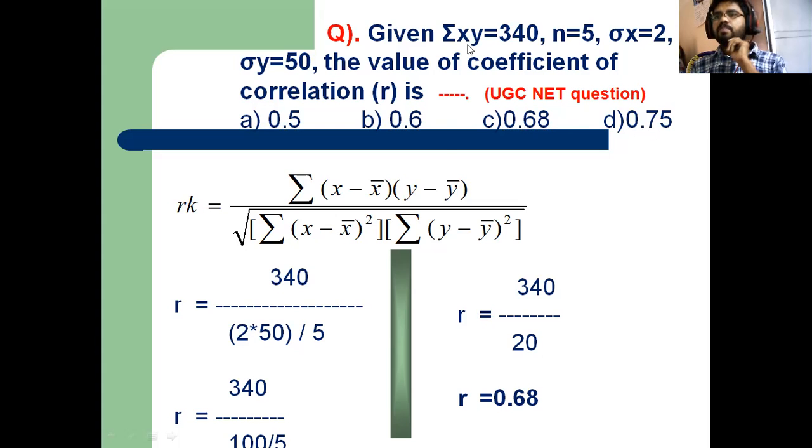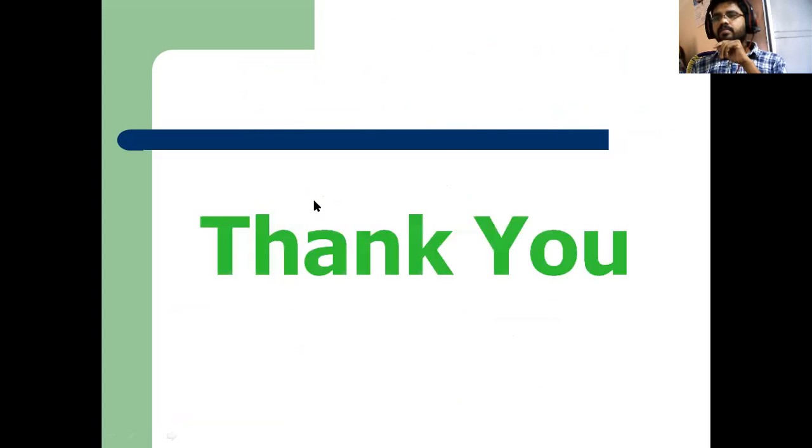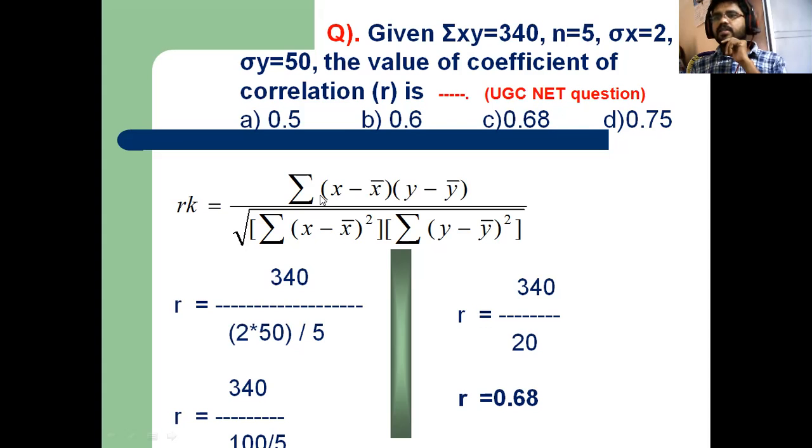Okay. So simply, here we can remember this formula. The sum of small x into y, where x minus x bar is nothing but small x. So the sum of x into y is 340. Then under root of variance is nothing but standard deviation.